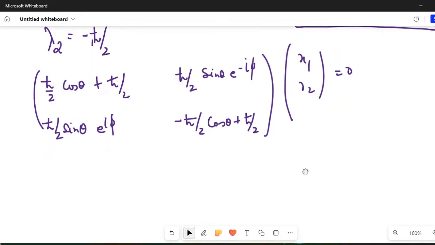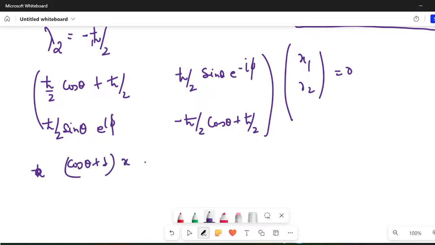Now let us try to find what it would be. Forget about h cut upon 2, you can take it common out everywhere. So this would be cos theta plus 1 times x1 plus sin theta e to the power minus iota phi x2 equal to 0.